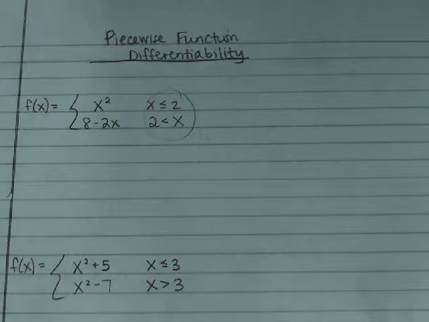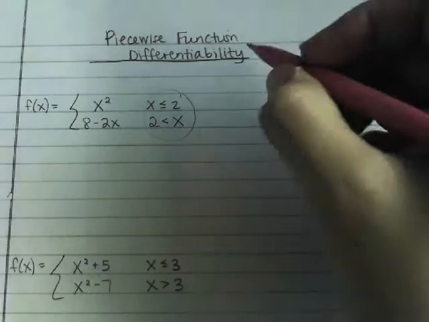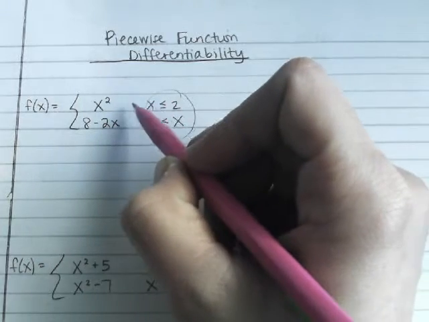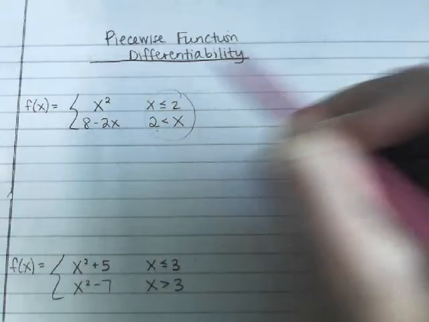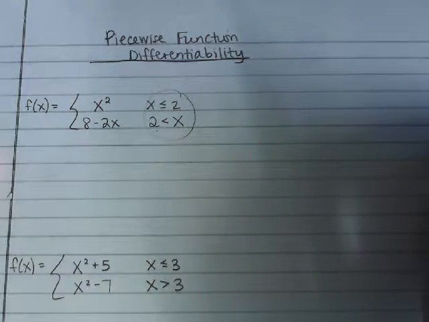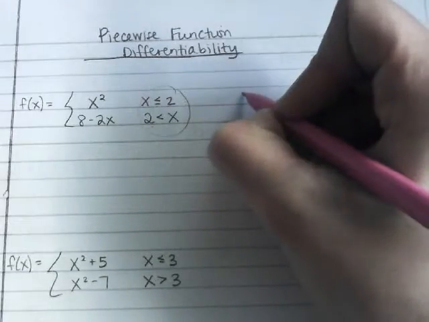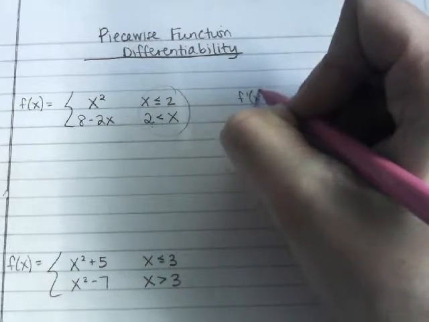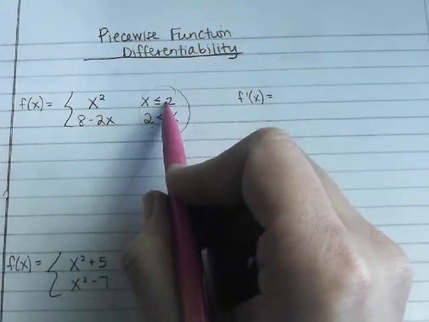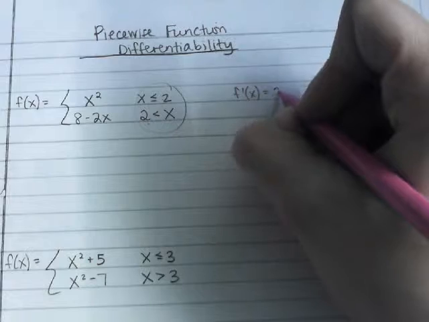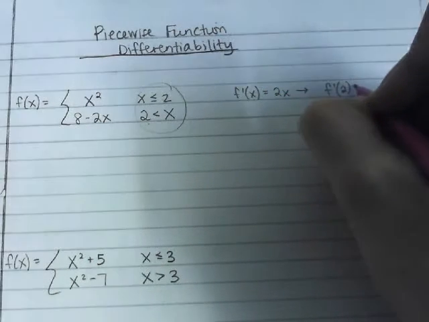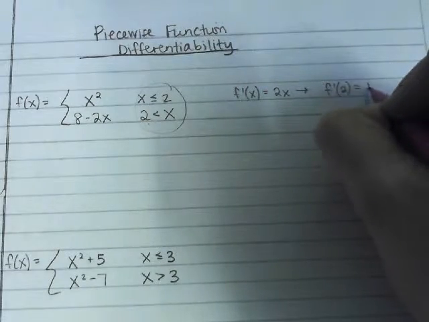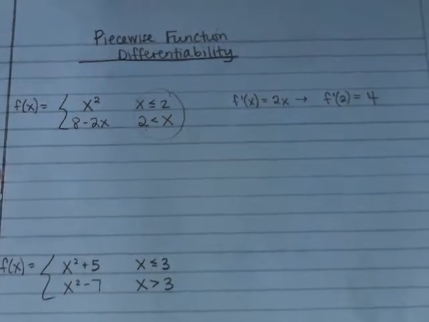So to look at differentiability, we want to look at the slope coming in from the left, the slope coming in from the right, and see if they're equal. Okay? So coming in from the left, our derivative is 2x. So specifically at 2, that would be 4.